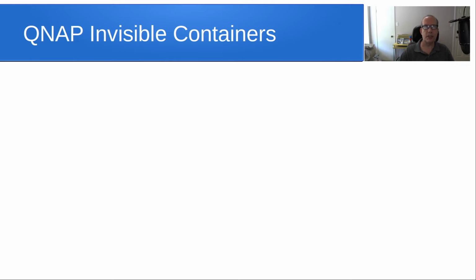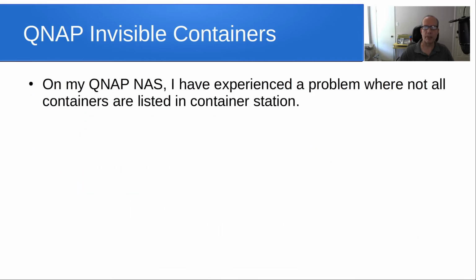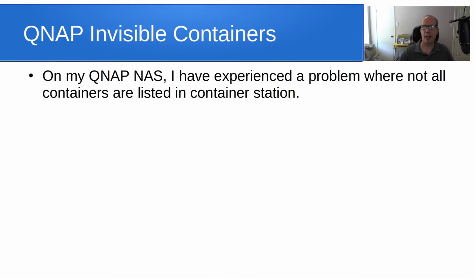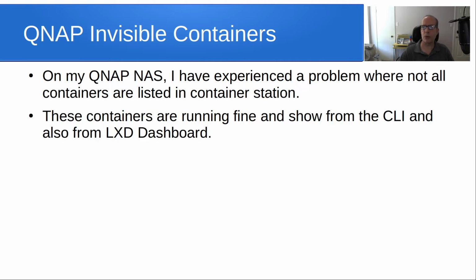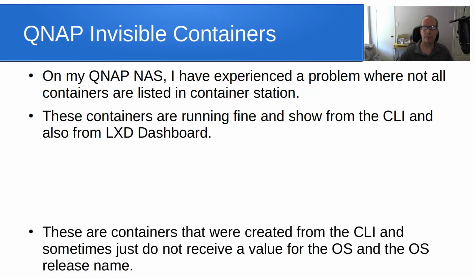And then the second issue that I want to talk about in this video is what I call QNAP invisible containers. On my QNAP NAS, I've experienced a problem where not all containers are listed in Container Station. These containers are running fine and they show from the CLI, and they also show from LXD dashboard, which I've featured on previous videos on the channel.